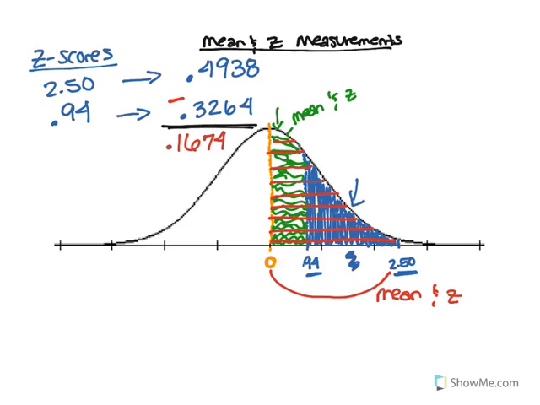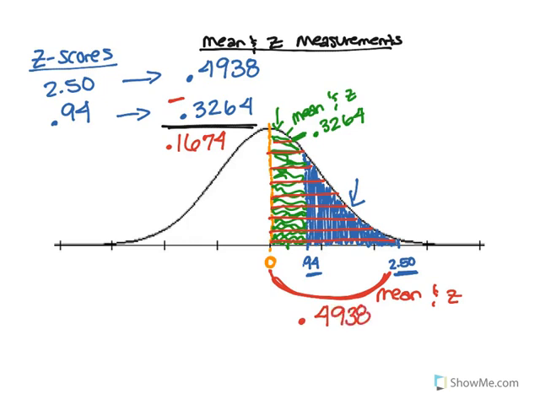So what I have, and I'm going to write it down here so this will hopefully make a little sense. I just went and found, now this is what you just told me, this green piece, I'm going to write it up here. His measurement is the 0.3264. The total from here to here is 0.4938.